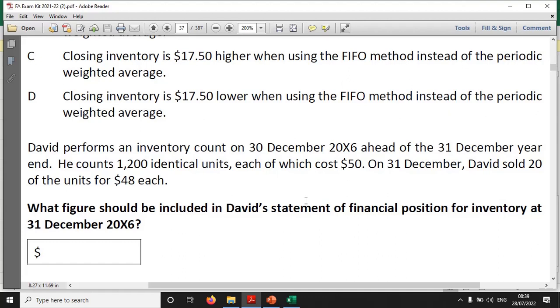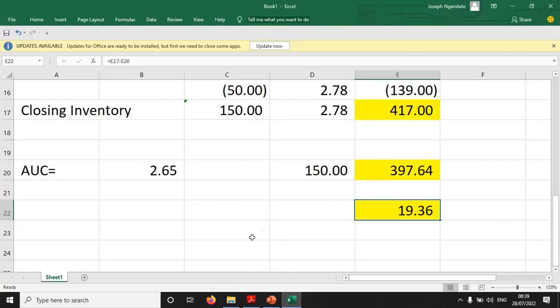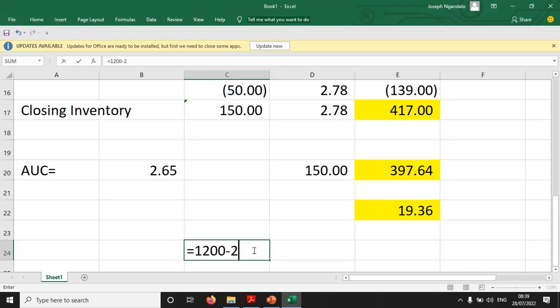How much are you getting? 6,600. Please confirm. So it's supposed to be 1,2 minus 20, by 48, right?